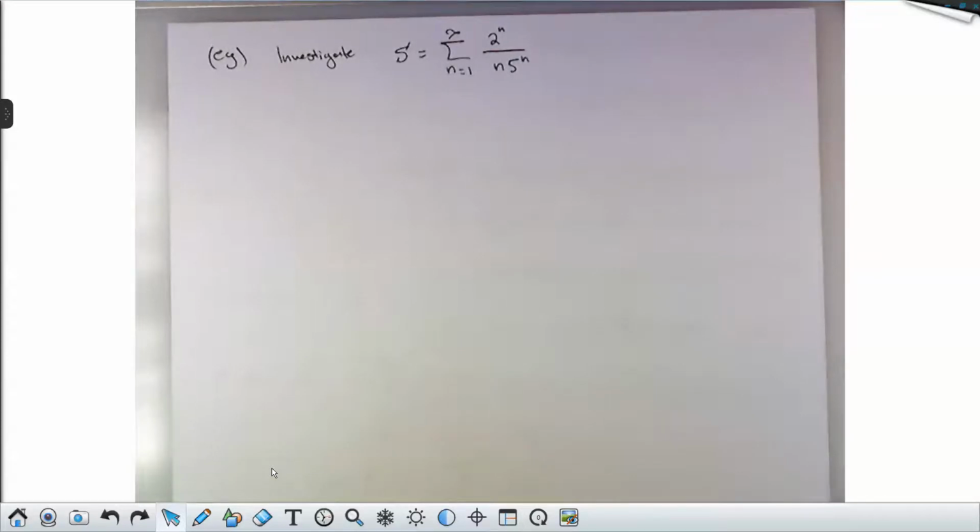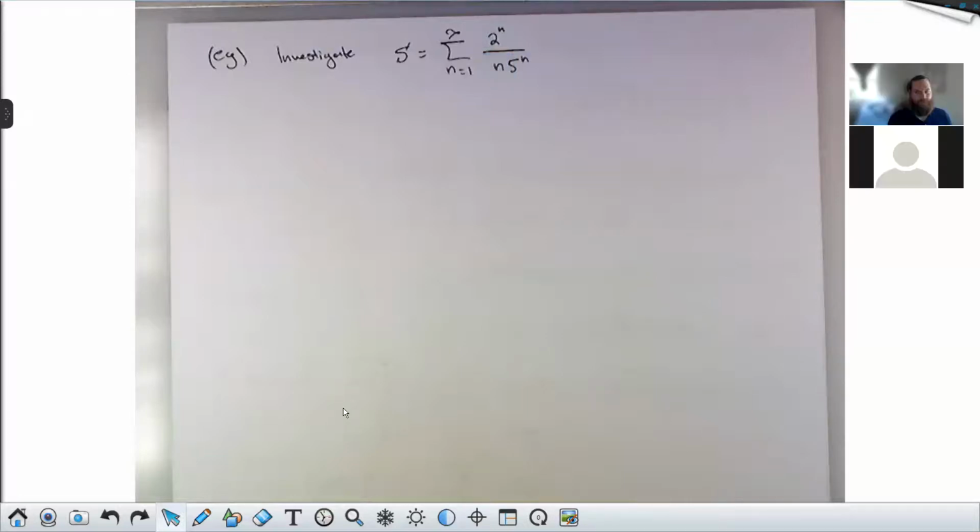So a quick comment, this series is not geometric. If it was just 2 to the n over 5 to the n, that would be geometric, but this n throws off the geometricness, right? That's sort of what I'm trying to get at with that comment. So while this series is not geometric, it is kind of similar to the 2 to the n over 5 to the n series. Upstairs, 2 to the n is the only thing. Downstairs, you have n times 5 to the n.